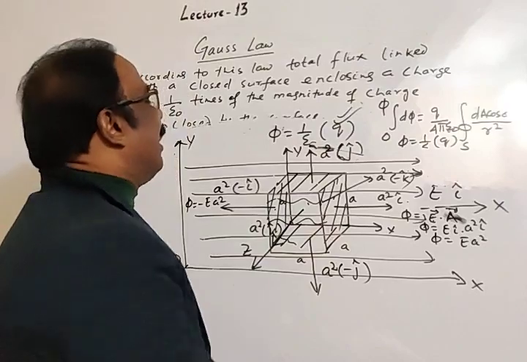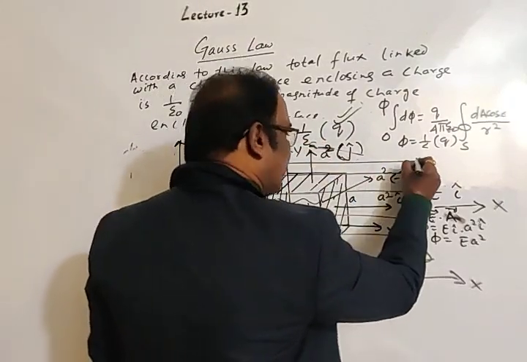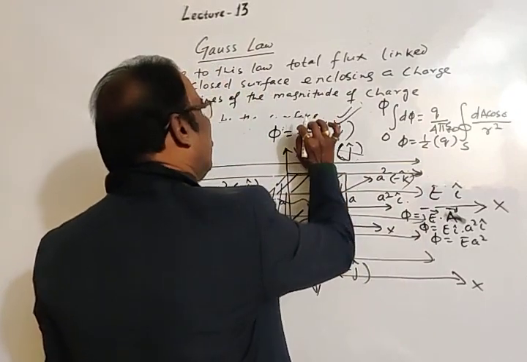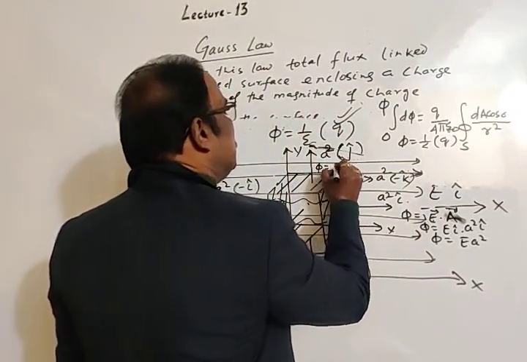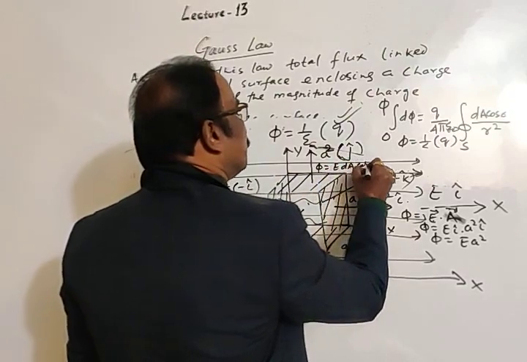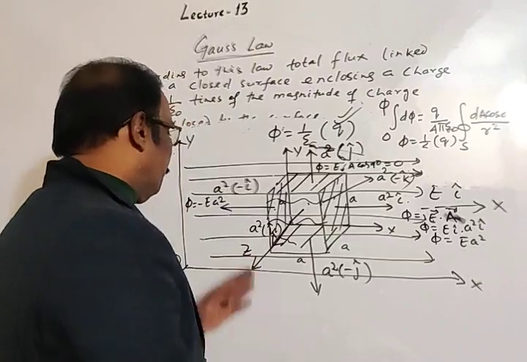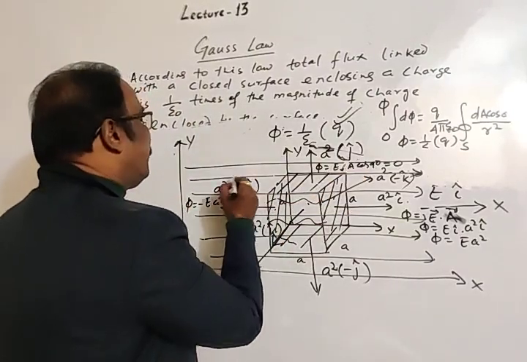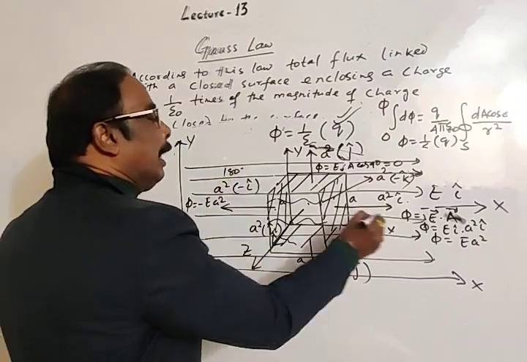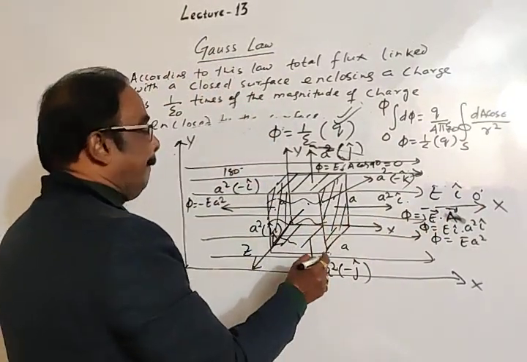And along this direction, direction of electric field is along x-axis and area vector is along y-axis. So flux is E A cos 90, that's equal to 0. Along this direction, in place of 90 degree, here 180 degree and here 0 degree.